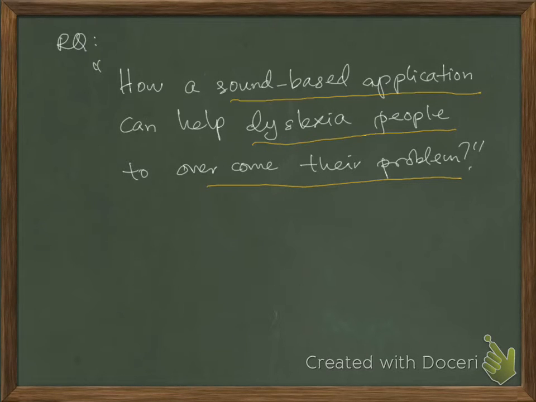So in this case, this sound-based application should be the how, which is the action or impact that will occur on the element or the body of knowledge in the study.